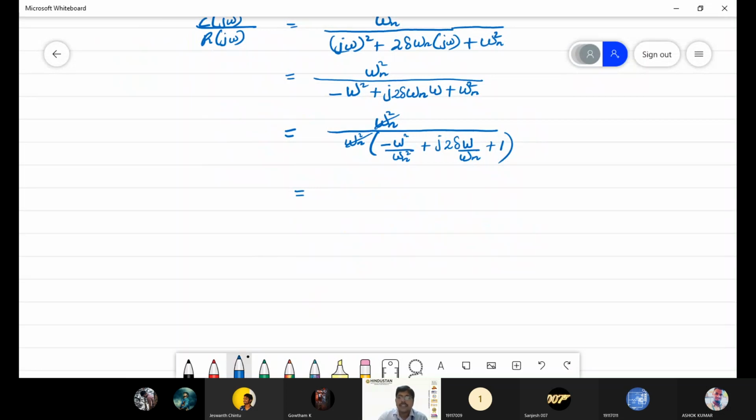The remaining term we can write, taking the real part and imaginary part separately. So that is equal to 1 divided by, the real part you can take is 1 minus omega square divided by omega n square, plus j into 2 del omega divided by omega n, right?